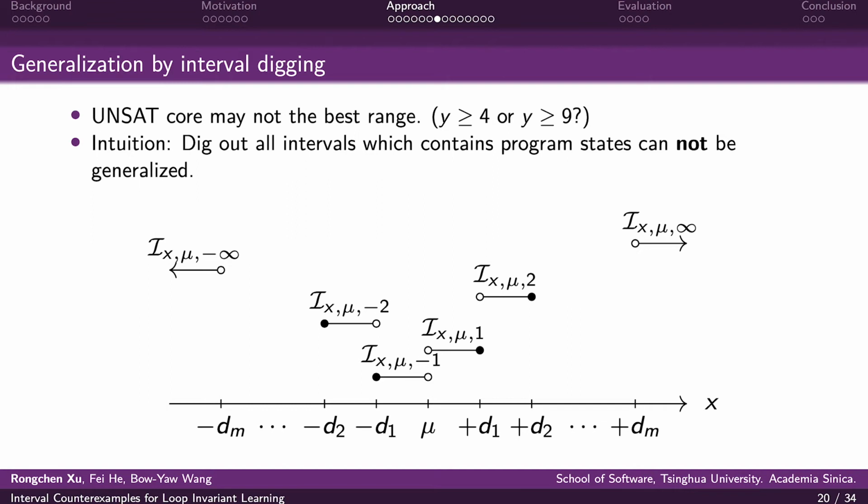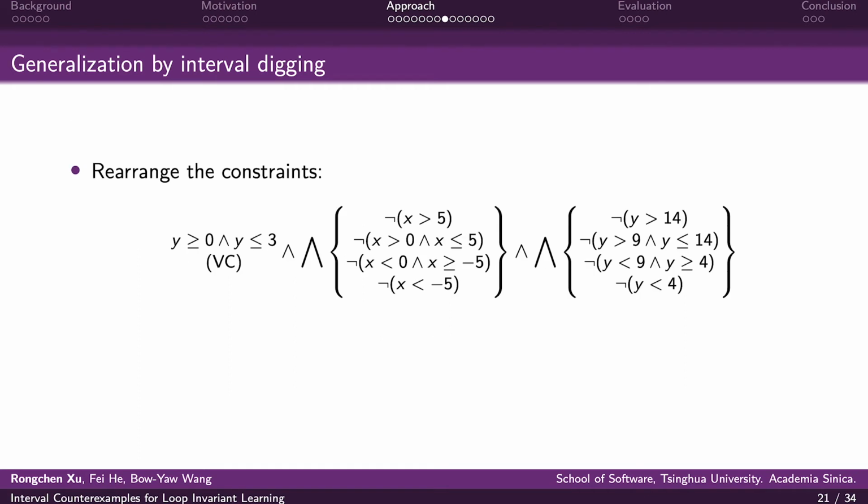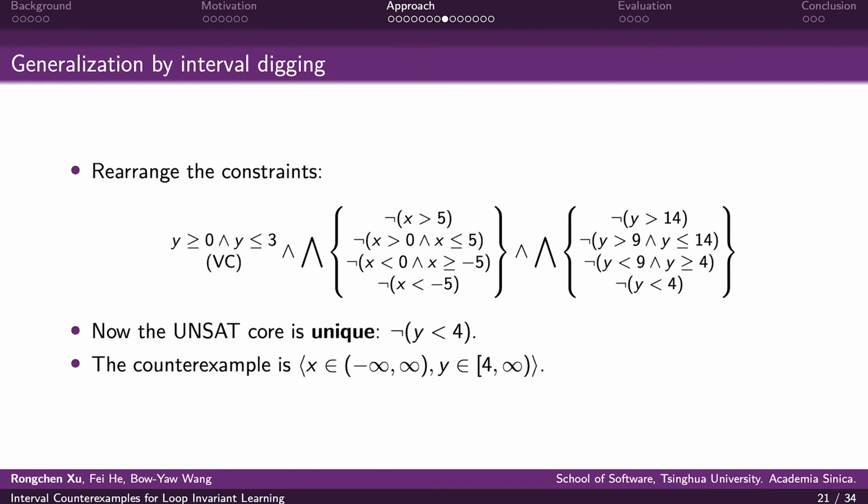Then the remaining intervals are all intervals that can be generalized. In the above example, we arrange the constraints as the formula shown. We call the unsat core and get the unique unsat core, which is the negation of y less than 4. So we can get a precise generalization result: x in the range of negative infinity to infinity and y in the range of 4 to infinity.